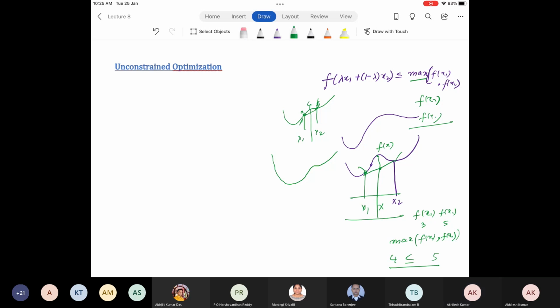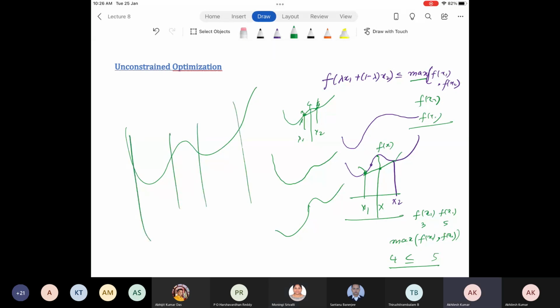If a function looks like this, it is not a quasi-convex function, right? Okay, sir. But if I define my set between these two points and remove this part, yes, it is a quasi-convex function. Make sense? Yes, sir. Thank you, sir.